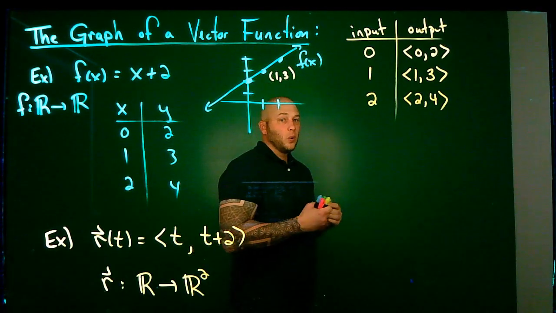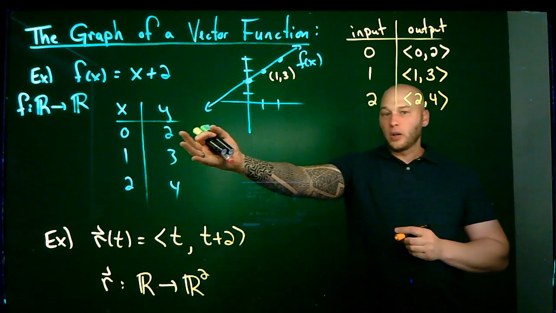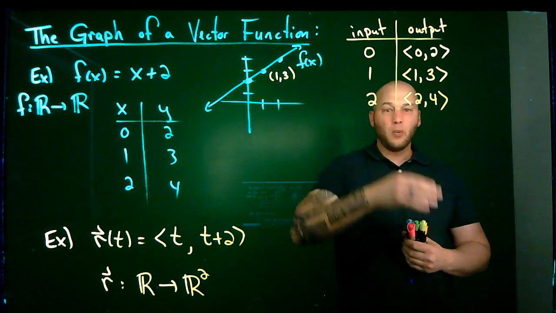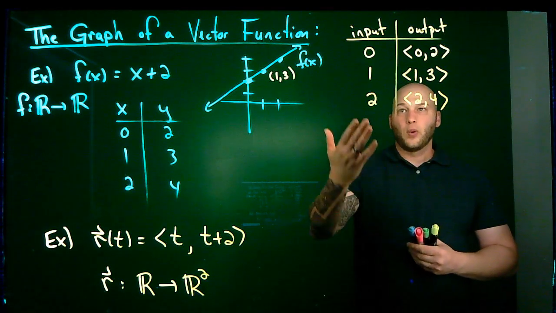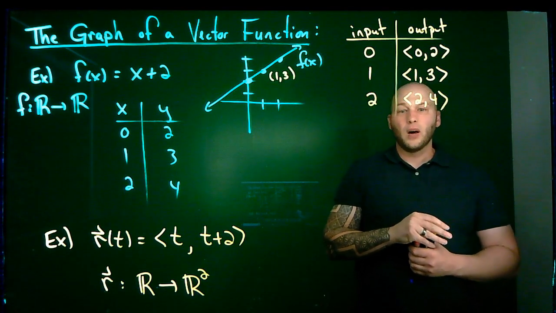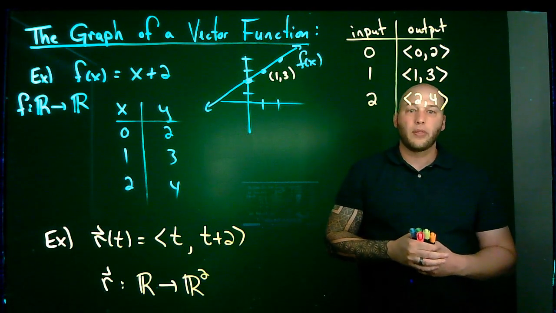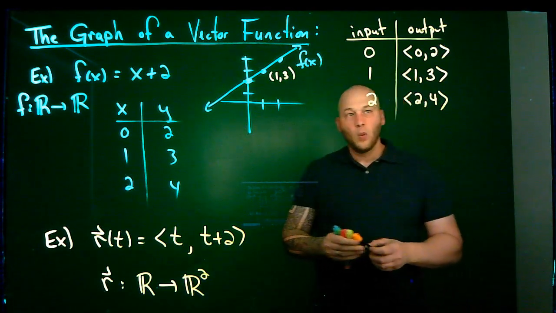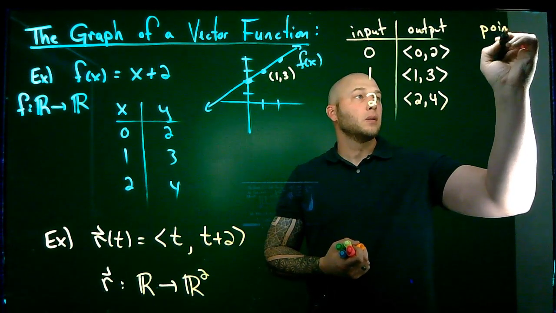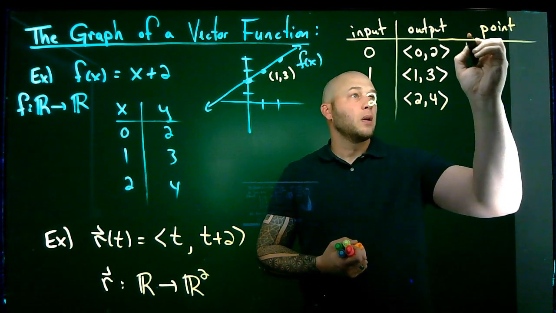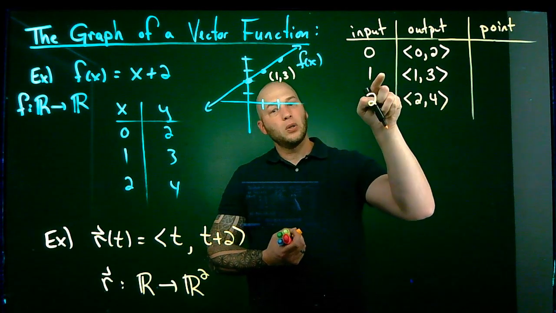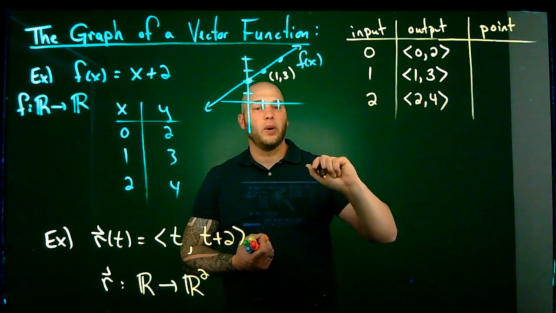Now, looking back at that previous example, you could say I'm going to somehow plot my inputs and my outputs. For the input 0, I'm going to plot the vector 0, 2. For the input 1, I'm going to plot the vector 1, 3. But we don't do that. What we do is modify this just slightly, and rather than plotting the vector, I'm going to plot the terminal point of the vector.